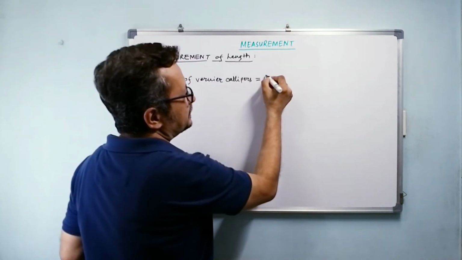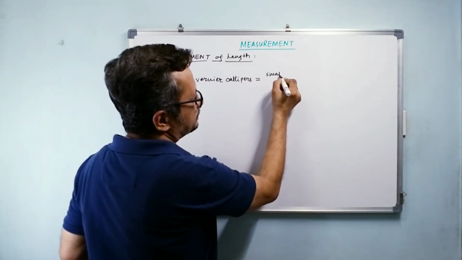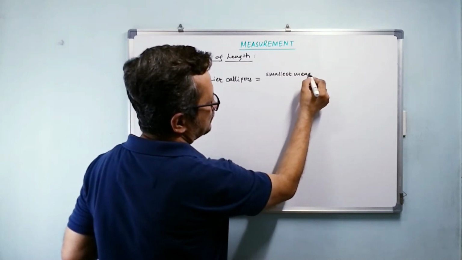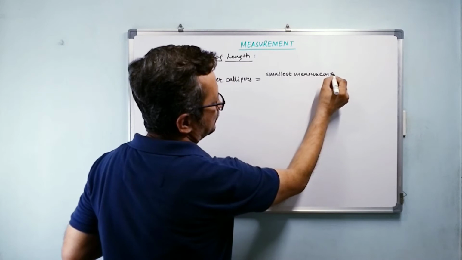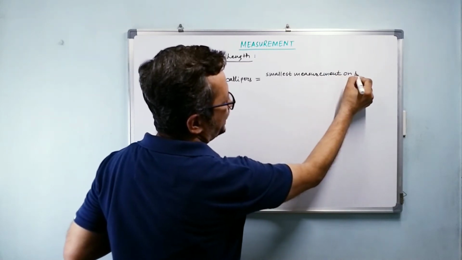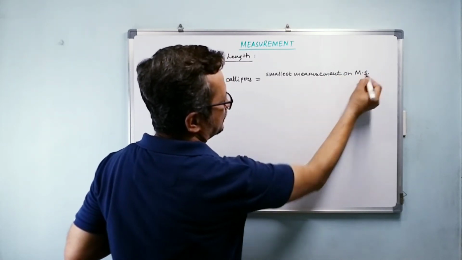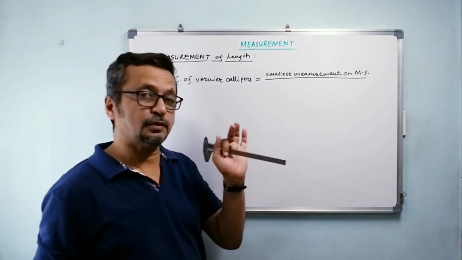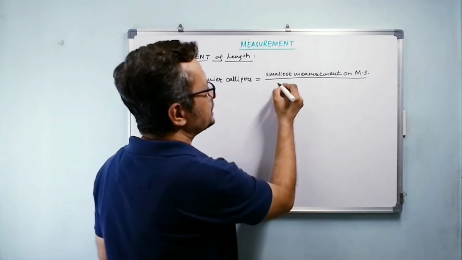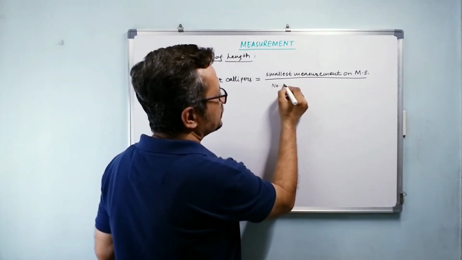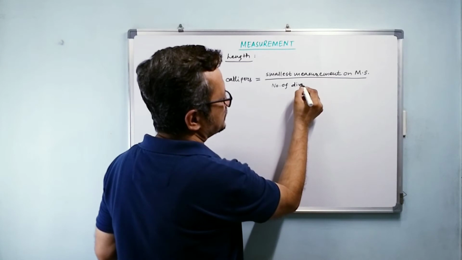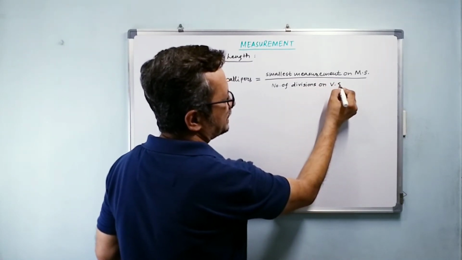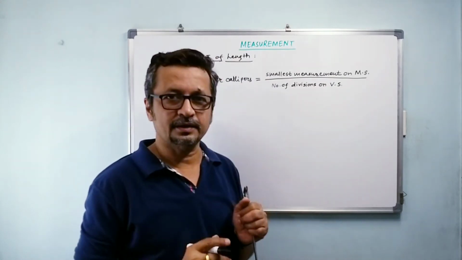It is the smallest division or smallest measurement on main scale divided by number of divisions on vernier scale, okay.